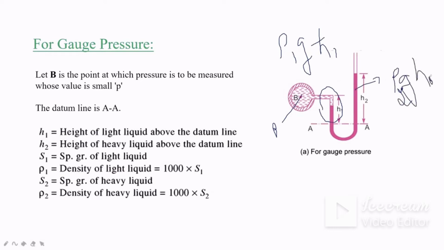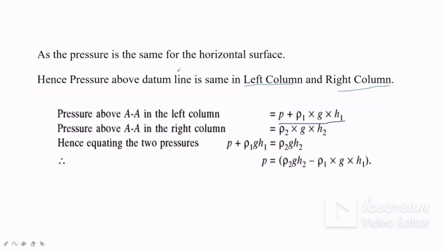We take these two as equal. First, P plus rho 1 G H1 for the first liquid. Next, the pressure above A in the right column is rho 2 G H2. Both of these are above the datum line.